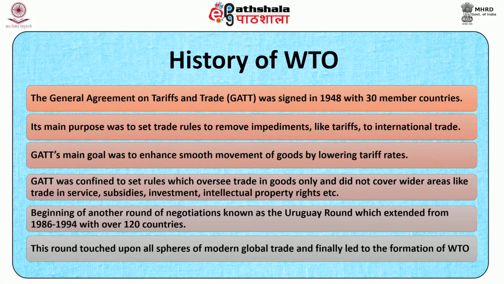Its main purpose was to set trade rules to remove impediments like tariffs to international trade. It was believed that these protectionist policies would increase poverty, unemployment and inequality along with political instability. Thus, GATT's main goal was to enhance smooth movement of goods by lowering tariffs.